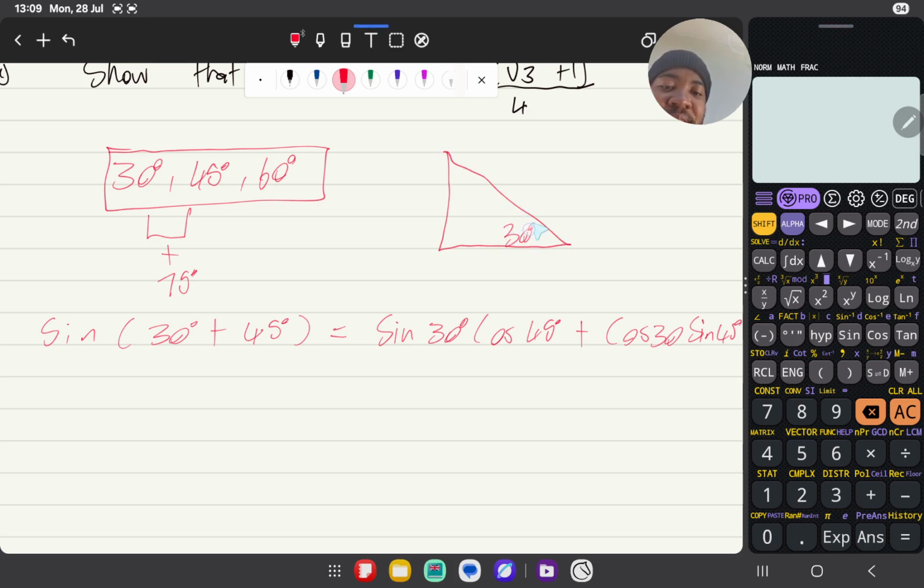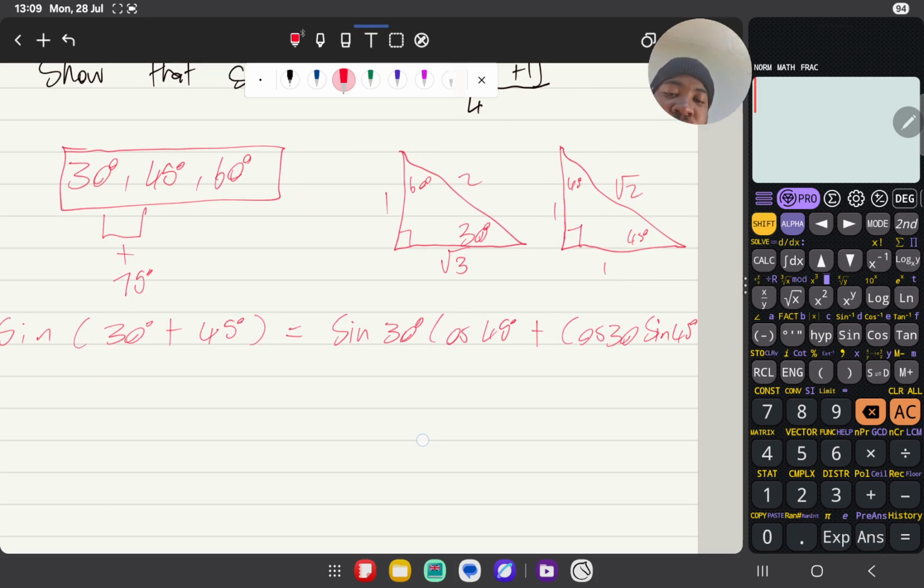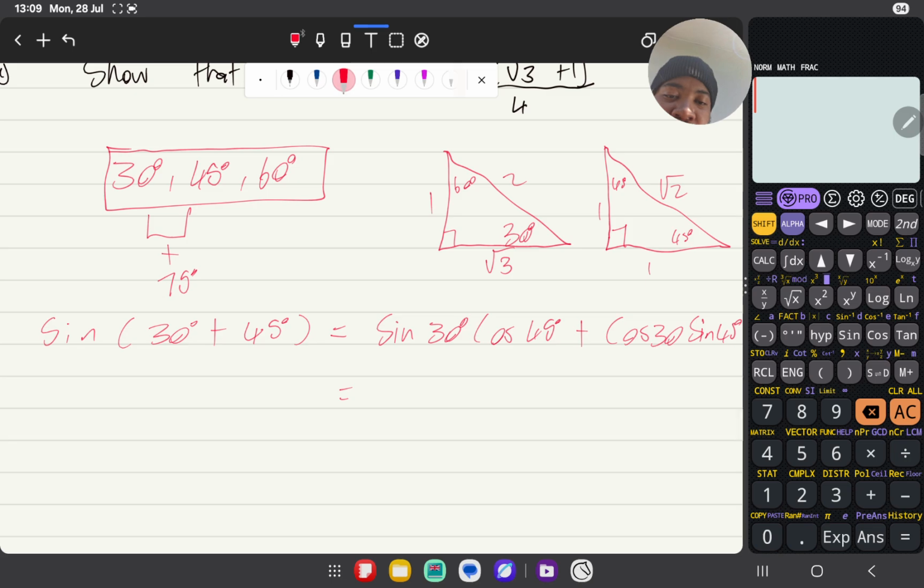If I have 30 degrees here, this is 1, this is 2, and therefore this is square root of 3. And if I have 45 degrees here and 45 degrees here, of course this is going to be the 90-degree angle, so I'm going to have 1, 1, and square root of 2. From there on, you just do your thing.